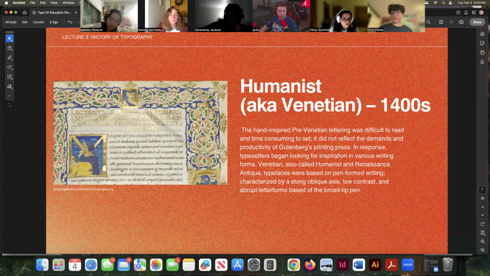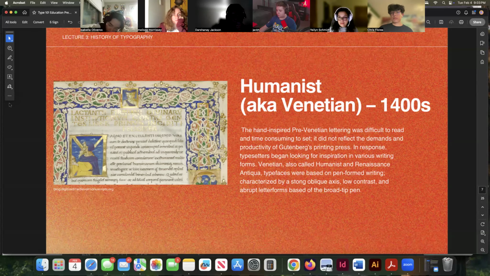The hand-inspired pre-Venetian lettering was difficult to read and time-consuming to set. It did not reflect the demands and productivity of Gutenberg's printing press. In response, typesetters began looking for inspiration in various writing forms.